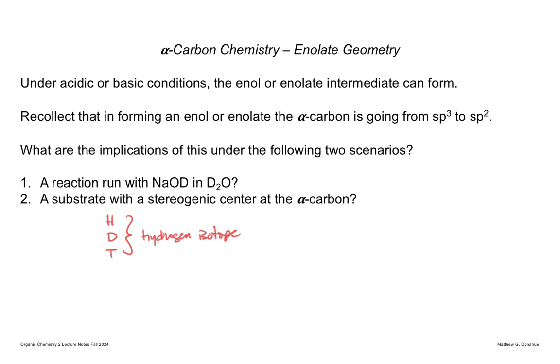So what are the implications of running a reaction with a deuterated base or deuterated solvent in relation to how the carbon hybridization changes? So NaOD, that's just the deuterated version of sodium hydroxide. And then D2O is called heavy water.